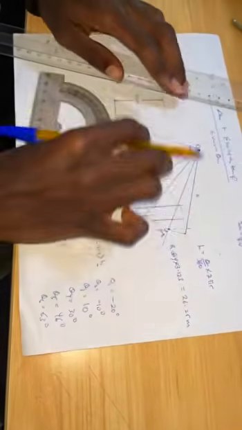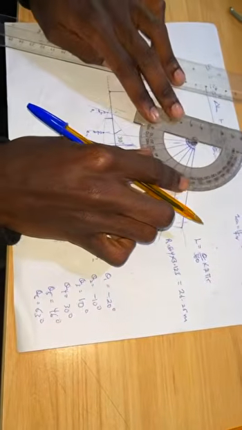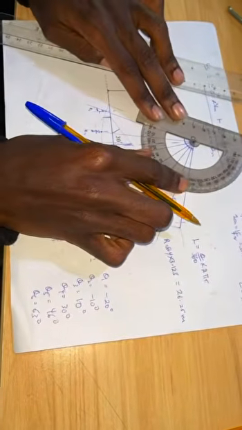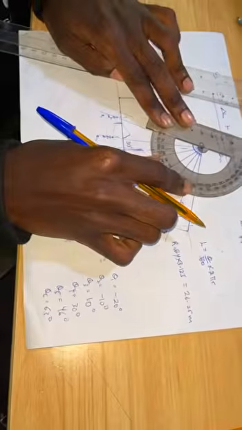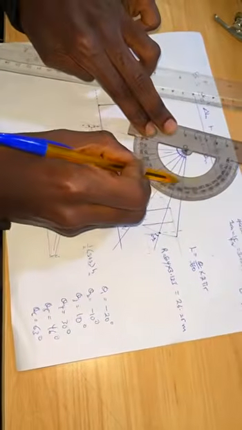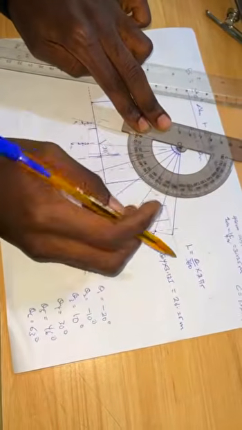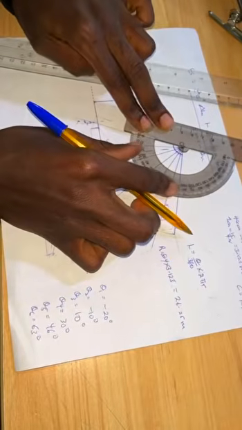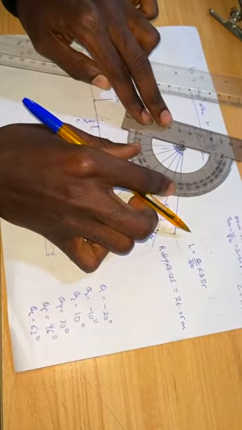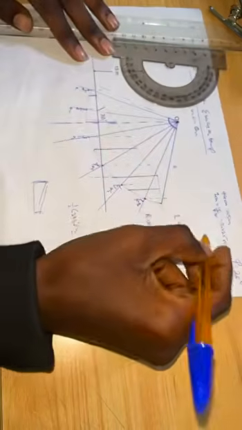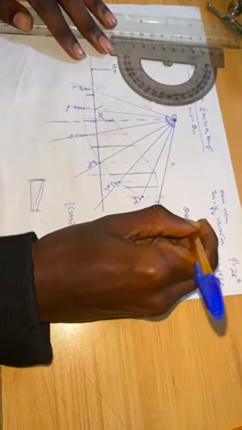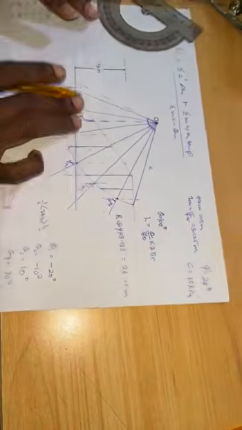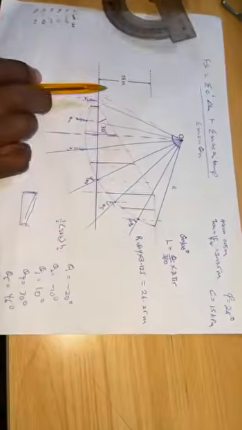So let's measure. I put my protractor on it this way, then I read from this value, and my theta is giving me 100 degrees. Okay, so measure it at your end.